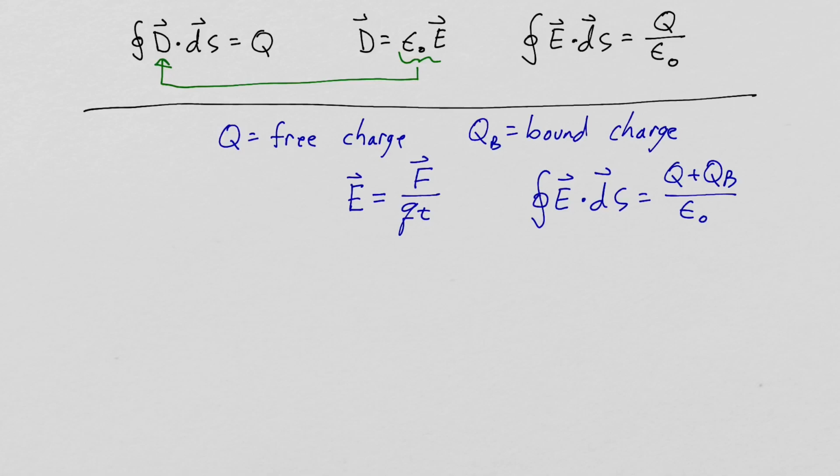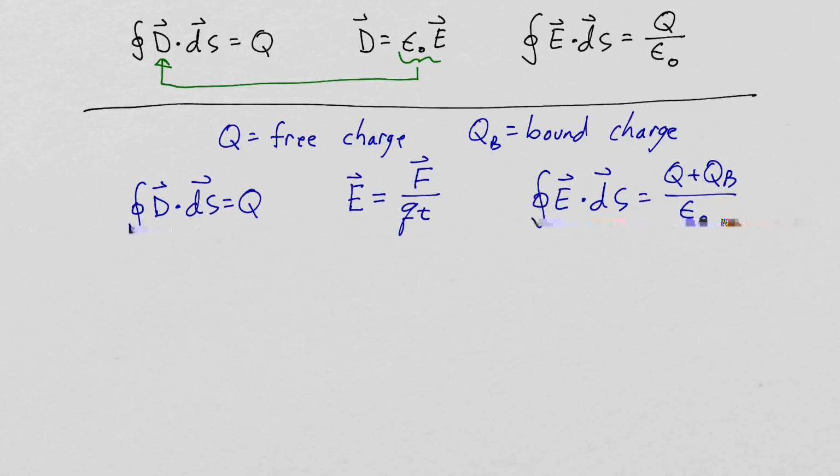Here is where we are going to introduce a distinction. The electric flux density field is going to be restricted to just coming from free charge. Since the electric flux density field is associated with the free charge, we are going to introduce a third field to be associated with the bound charge.